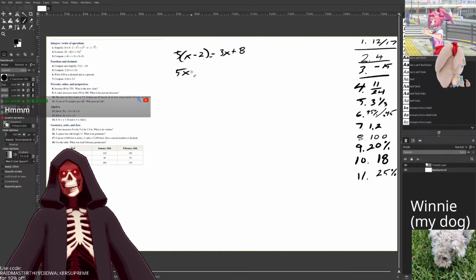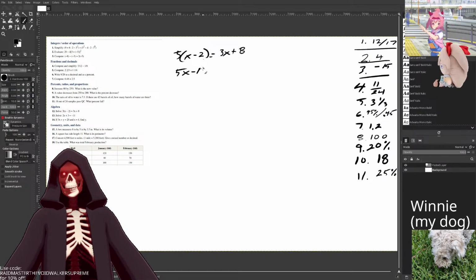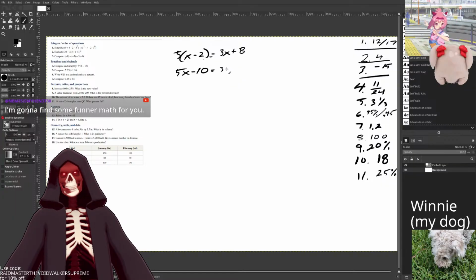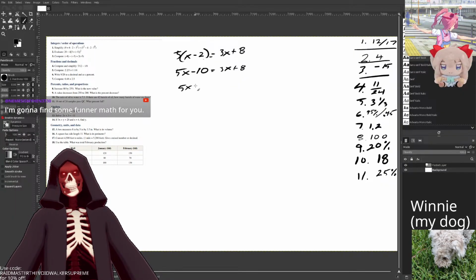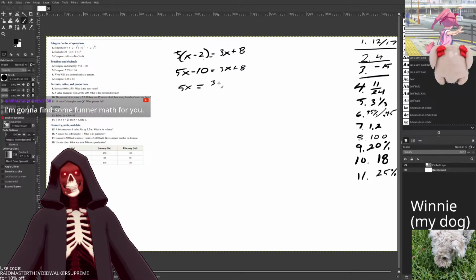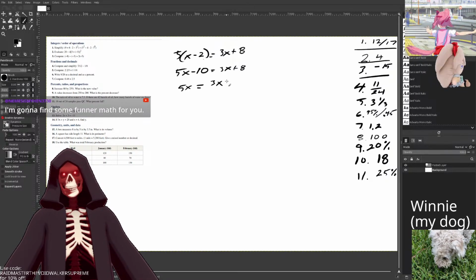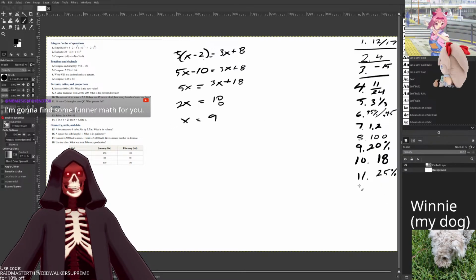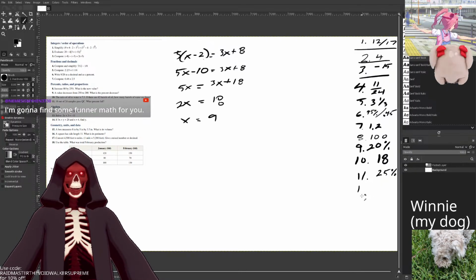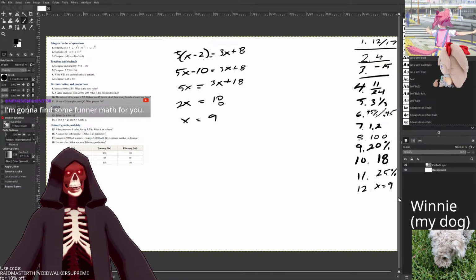So 5x minus 10 is equal to 3x plus 8. 5x is equal to 3x plus 18, which means that 2x is equal to 18, so x is equal to 9. X is equal to 9.